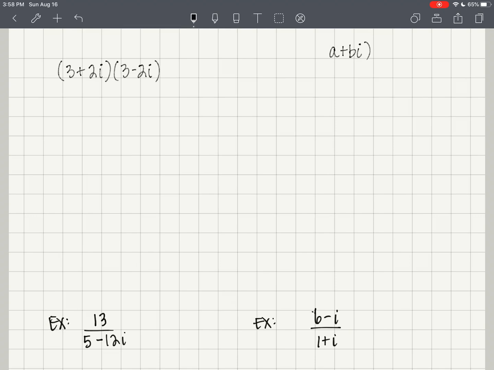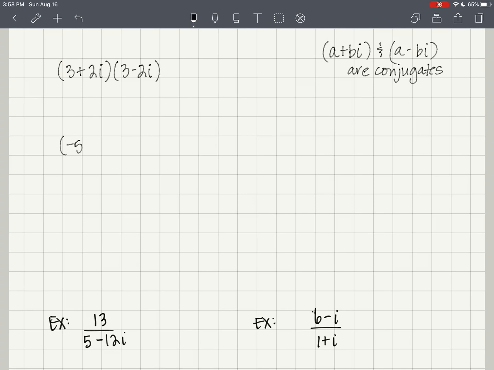a plus bi and a minus bi are conjugates. So 3 plus 2i and 3 minus 2i are conjugates.